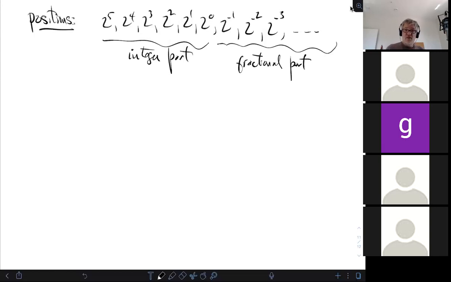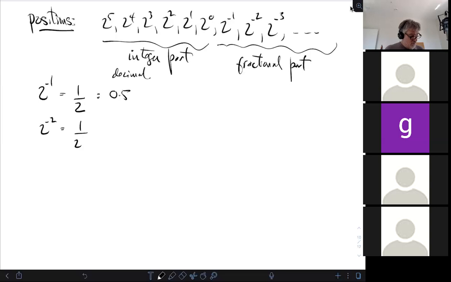Okay, so let's just take a look at what these negative powers of 2 are. So 2 to the negative 1, that's 1/2. In decimal, that's 0.5, right? 2 to the power negative 2, that's 1 over 2 squared, that's 0.25, right?